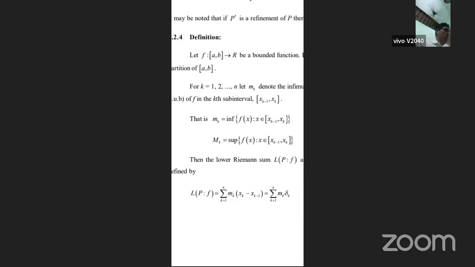Now here, especially, those values must be defined upon the function. You must define the infimum and supremum. Suppose for the first subinterval, put k equal to 1, small m1 and capital M1.